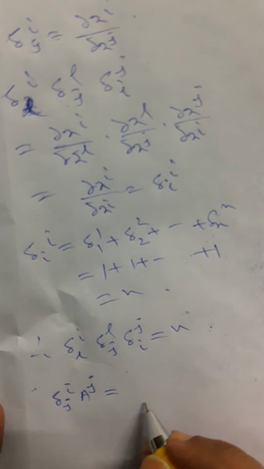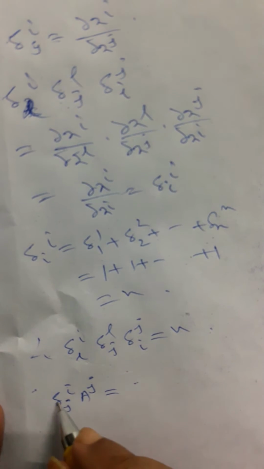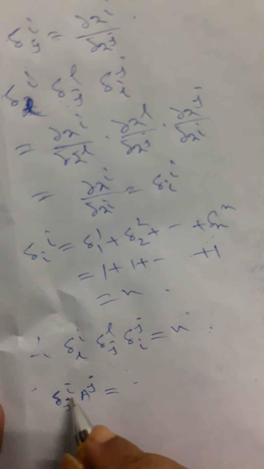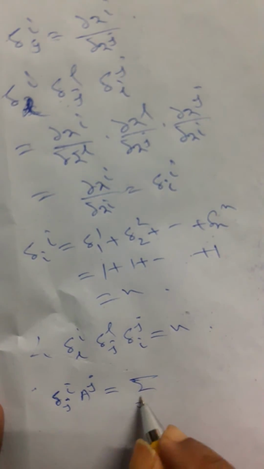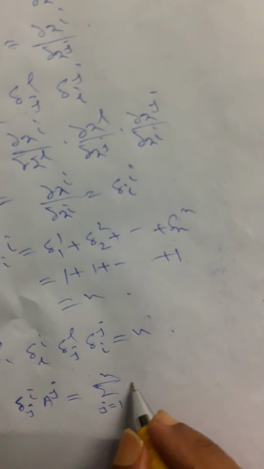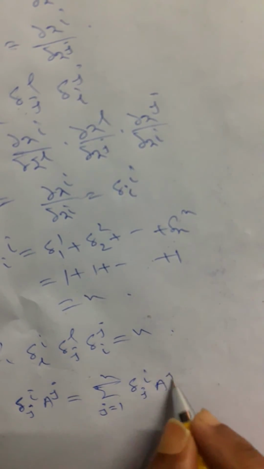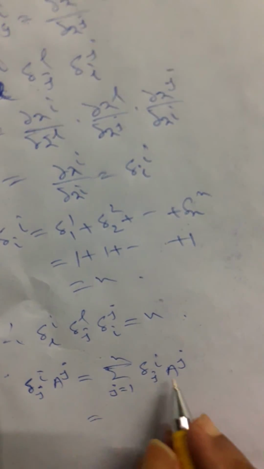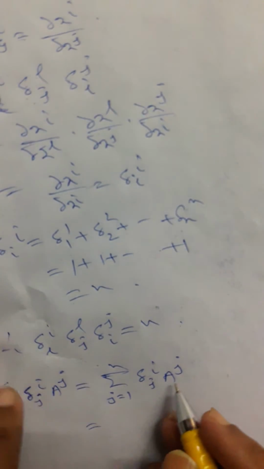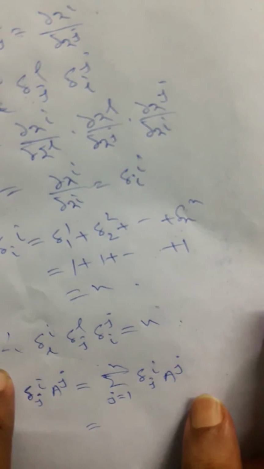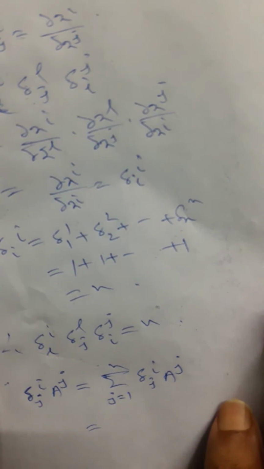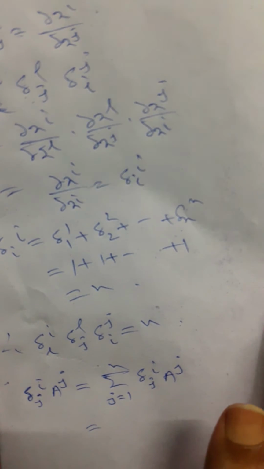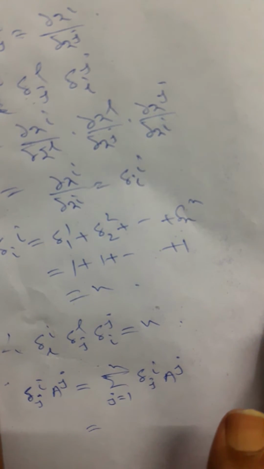It is very obvious and clear, taking the summation convention over j, so j runs from 1 to n in delta_ij a_j.